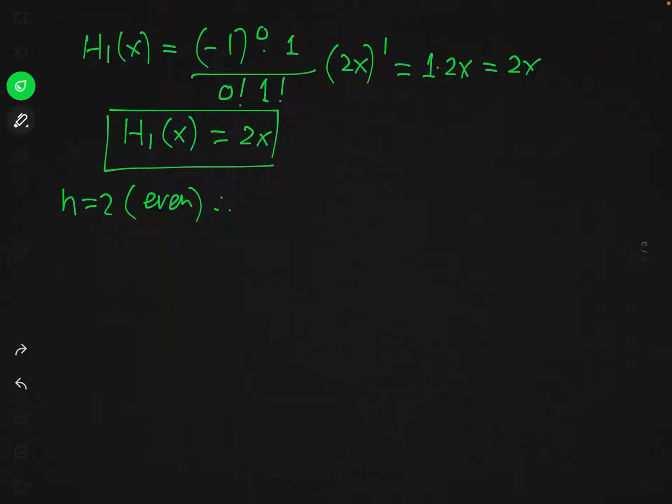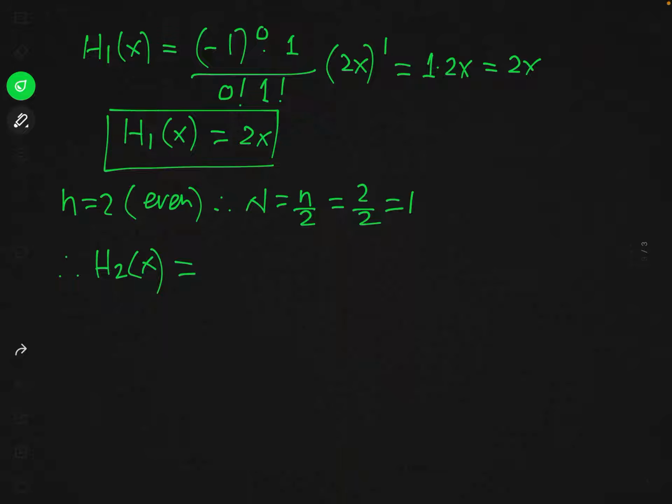So this capital N in this case will be n over 2, and n is 2, so this is 2 over 2, that is 1. So in this case the upper limit of summation will be 1, and therefore we can now find the value of H2 of x easily.